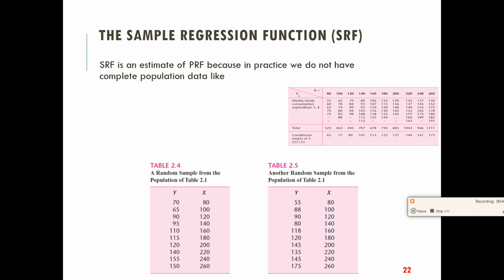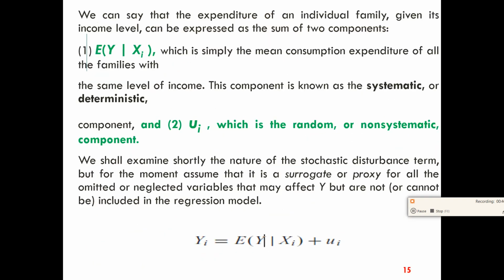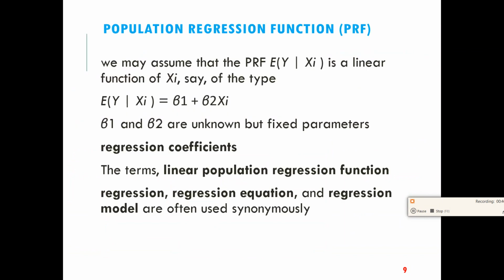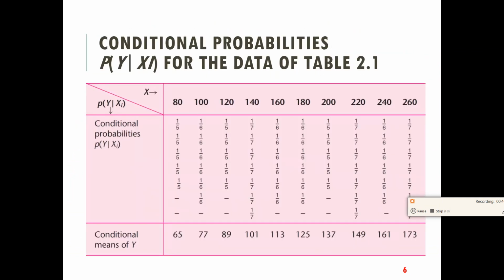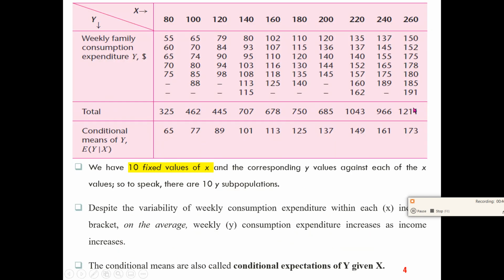Okay, so by now it's quite clear in your mind, just for a quick recap, coming back to where we started the whole debate, that is the population regression function. So this data where we were discussing 60 families is data of all possible families in a community, and that's why we call it population, not sample.